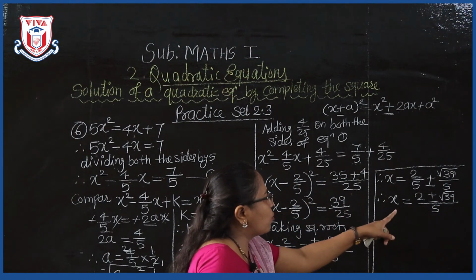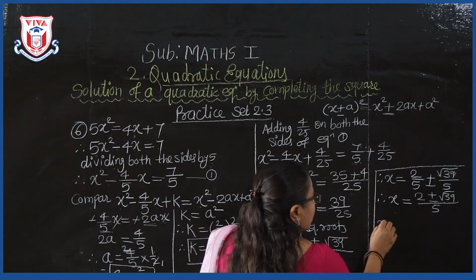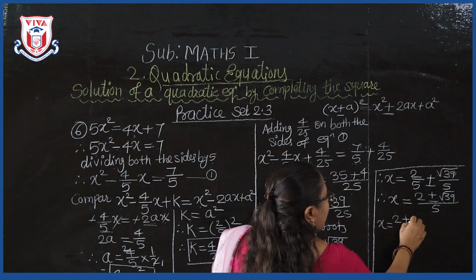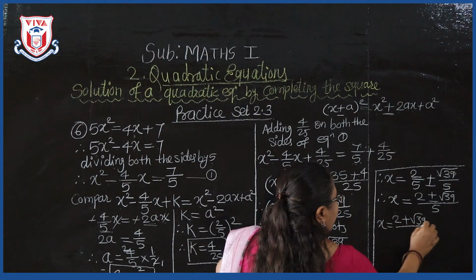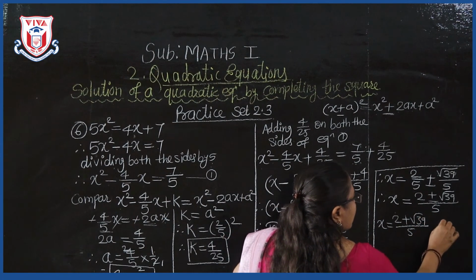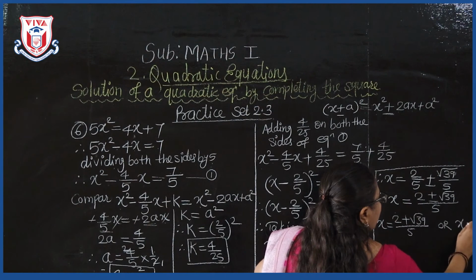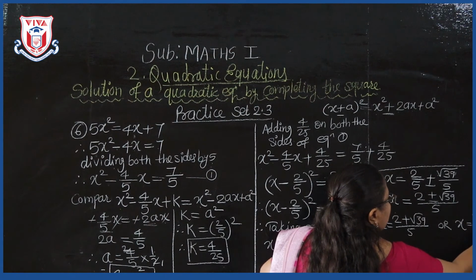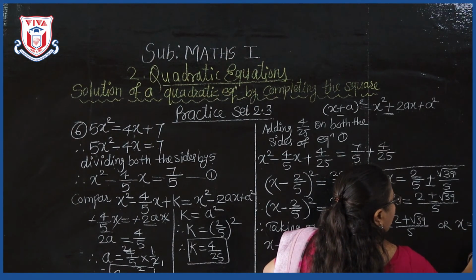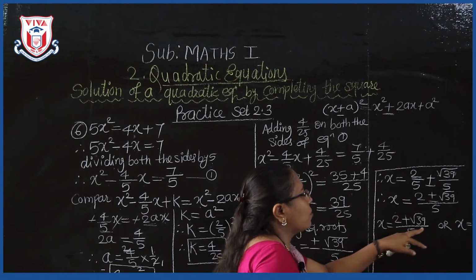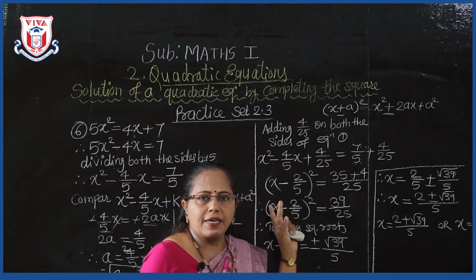Okay, so we will get two values. x is equal to 2 plus root 39 upon 5 or x is equal to 2 minus root 39 upon 5. So these are the roots of the given quadratic equation.